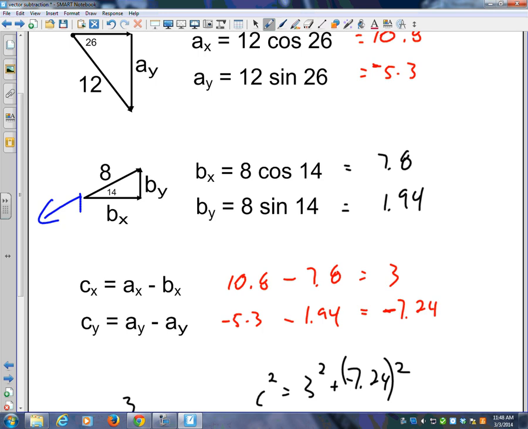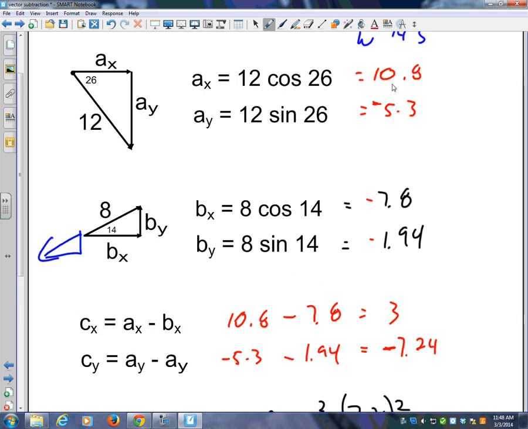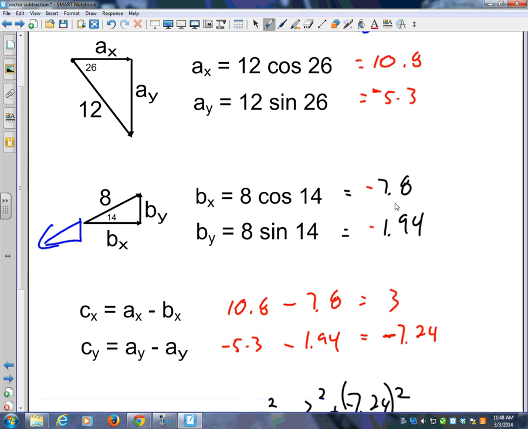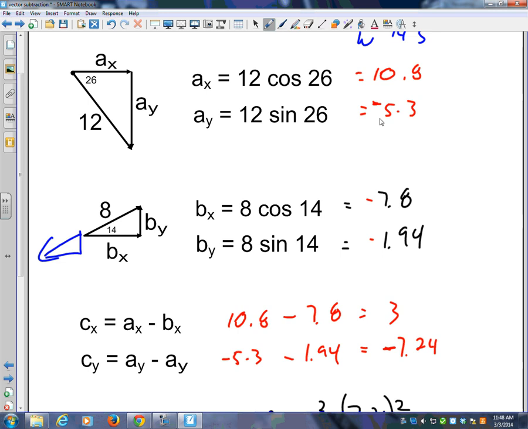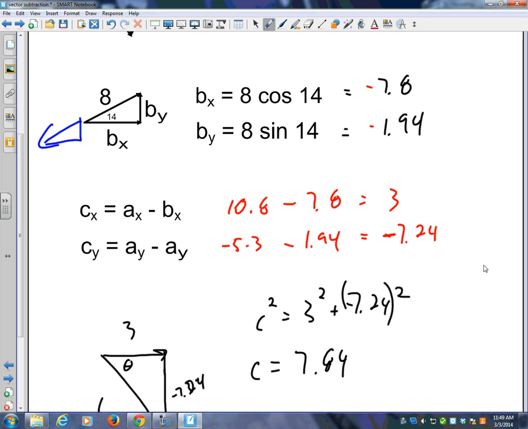Your x would be to the left, so that would be negative, and your y would be down, so that would be negative. Then you would just go 10.8 plus a minus 7.8, the same thing, and minus 5.3 plus minus 1.94. That's what we did.